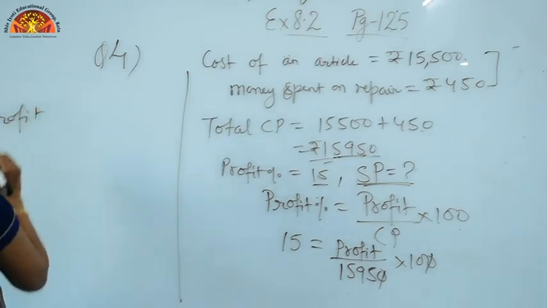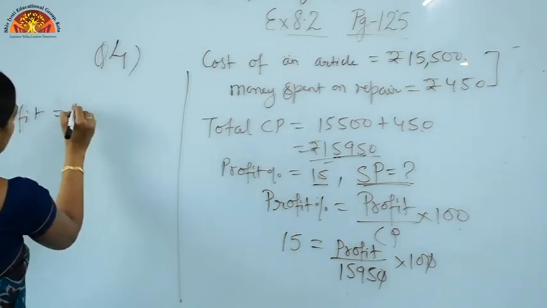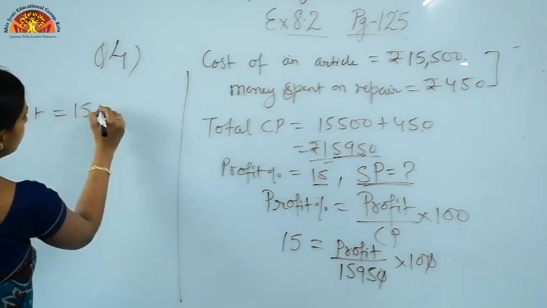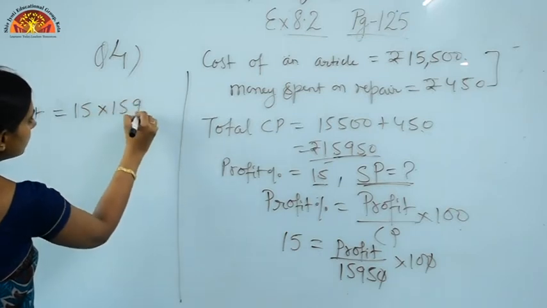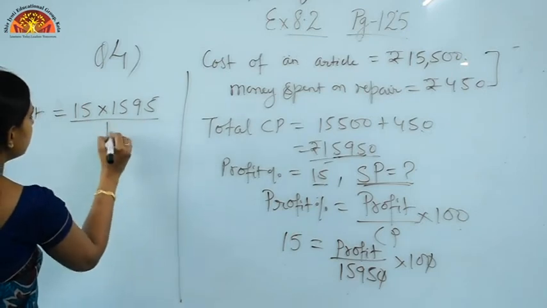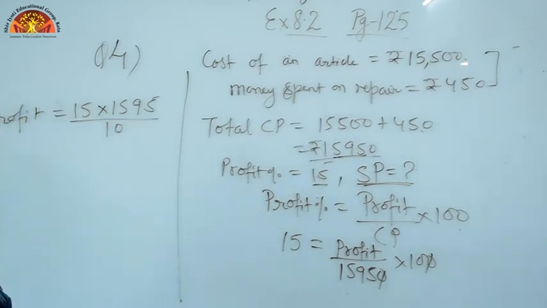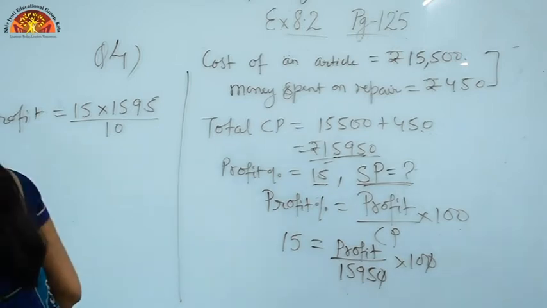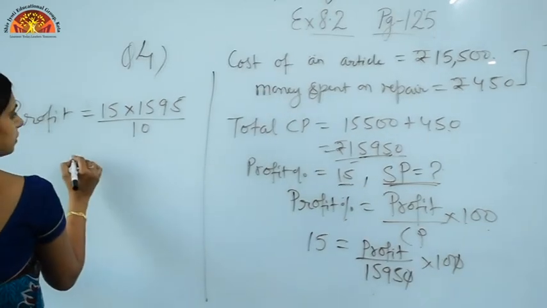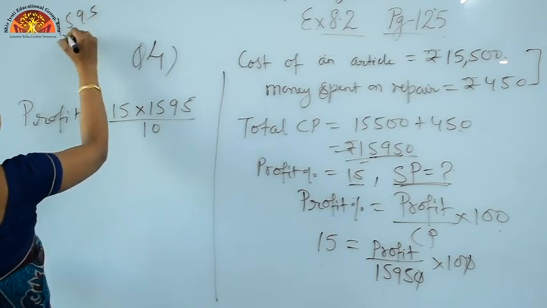profit is equals to 15 into 1595 upon 10. That is 15 into 1595 upon 10. Now when we'll just simplify it, okay. So just see 1595 into 15.